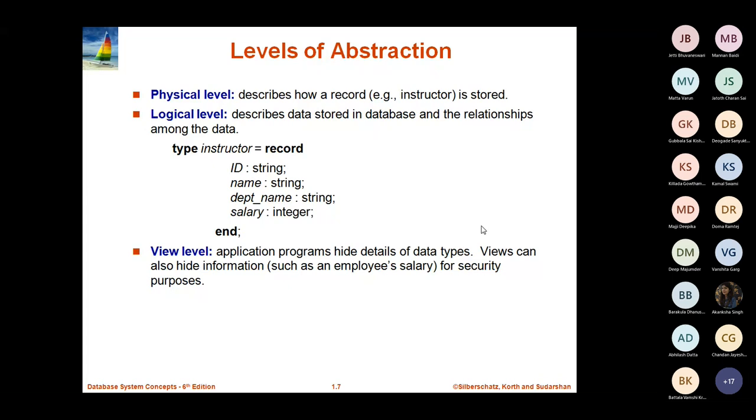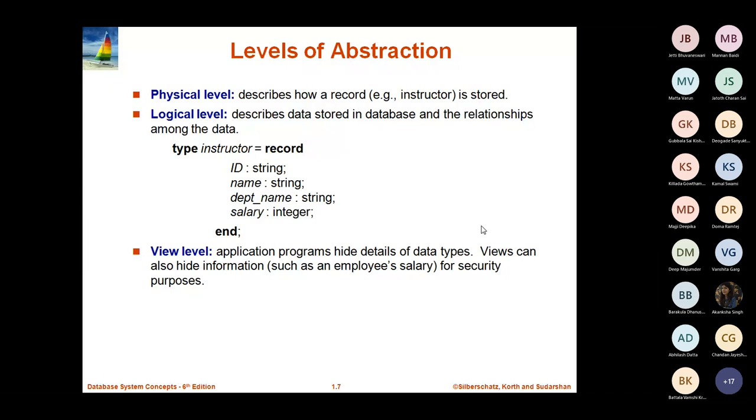And the view level: as end users of the ERP application, we are interacting and we see some data, which is what we are viewing, right? When you see your registration card, you are viewing that data. I have no business, when I see your registration card, to know where exactly the data is stored, either logically in the form of these records or physically in the file system.